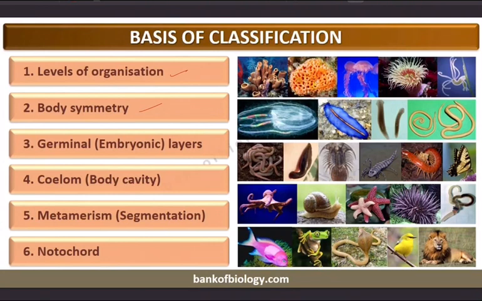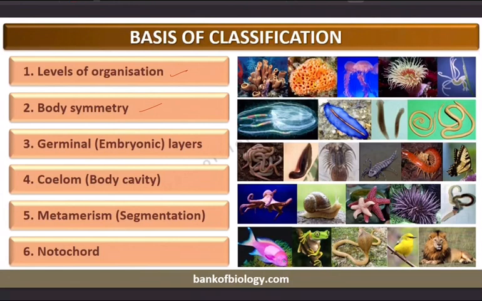Like most of the sponges, if you try to cut a sponge at any angle, in any direction, you cannot get two equal halves. Then we say such animals are asymmetrical. Then we have radial symmetry, where the body can be divided into equal halves by any plane from top to bottom. For example, you can take some of the sponges, you can take Sycon, that round one, radial symmetry.